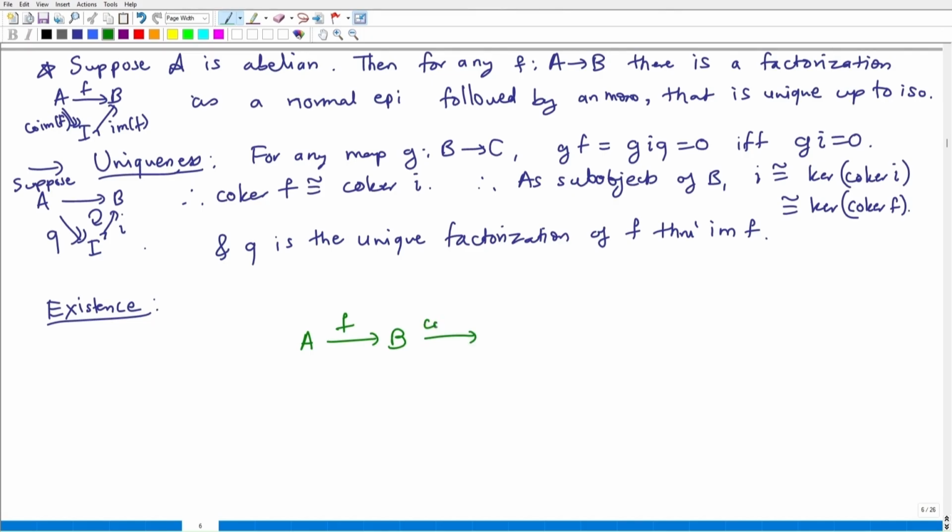Obviously I have co-kernel of F to C, and then I have its kernel.